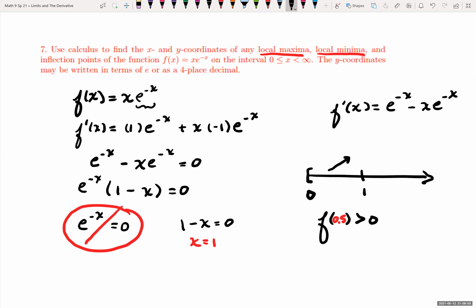Then if we choose a value that's bigger than, sorry, not bigger than 0.5, bigger than 1, how about 2? If we plug in 2 there, we get e to the negative 2 power minus 2 times e to the negative 2 power.